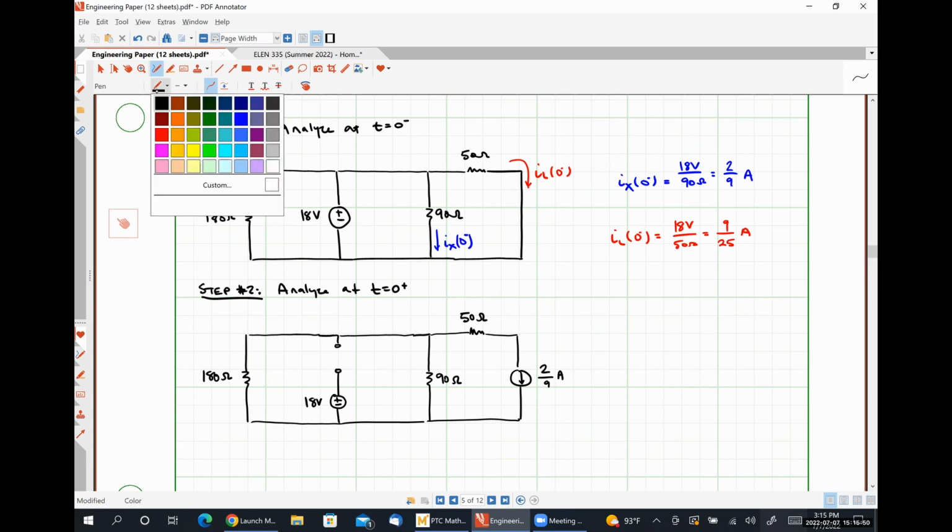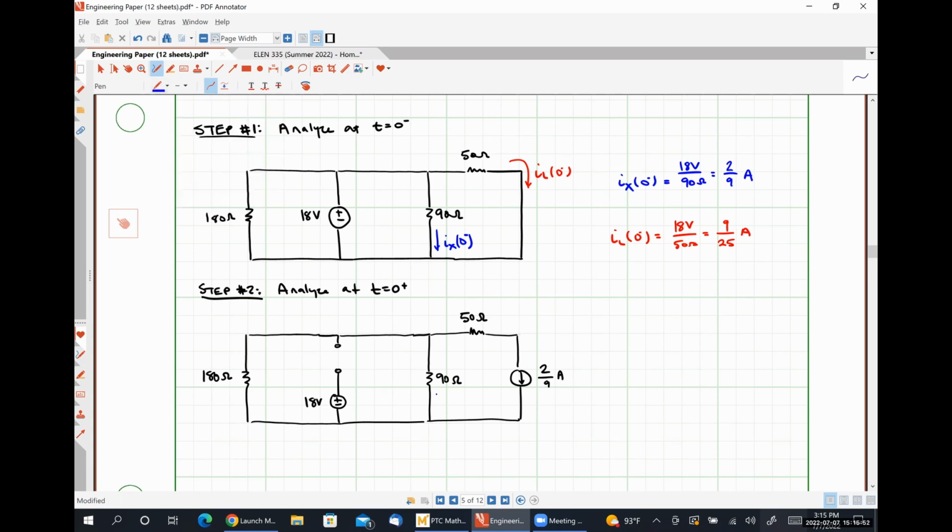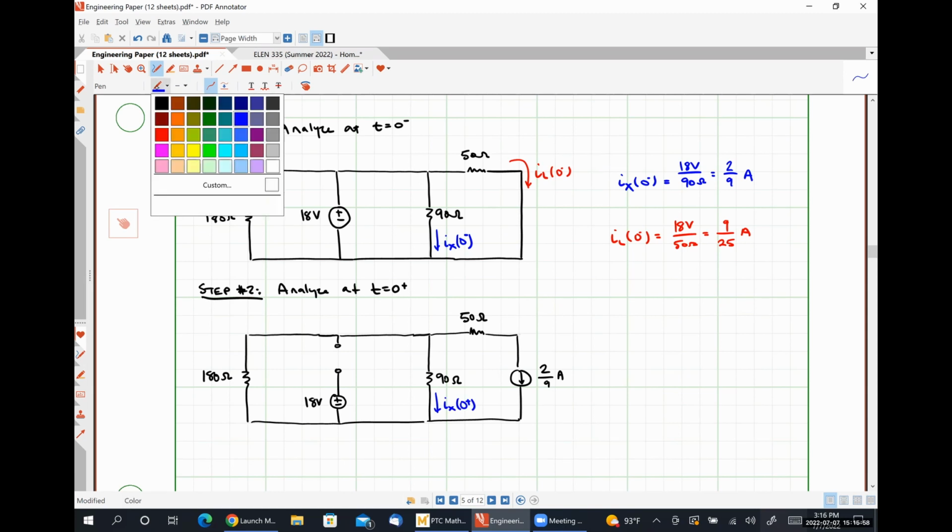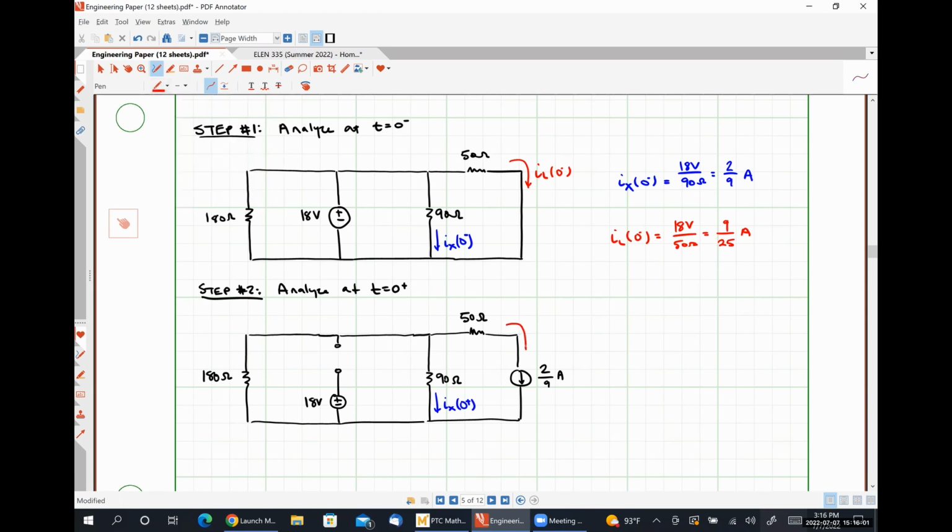And we now need to figure out what Ix of 0 plus is. And just for the sake of argument, IL at 0 plus. But we know that IL at 0 plus must equal IL at 0 minus. So that's going to come out to be 2/9 of an amp for sure.